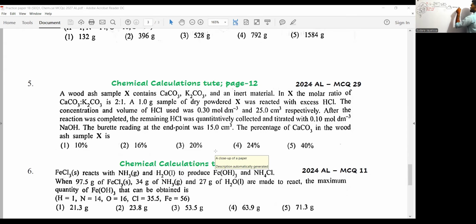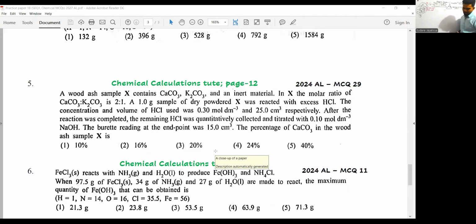So we had a specific name for this kind of titration. An excess known amount of HCl is added first, and then to find the remaining amount, we titrate it with another base, sodium hydroxide. From 0.1 M solution, 15 cubic centimeters are used.